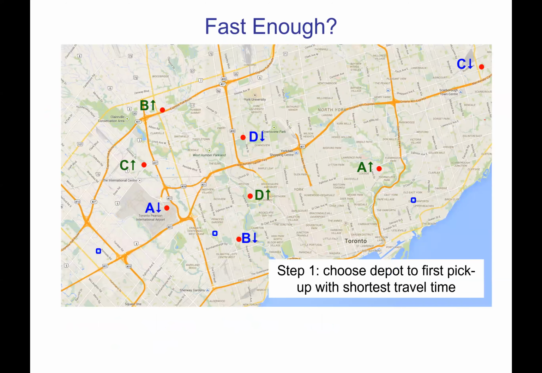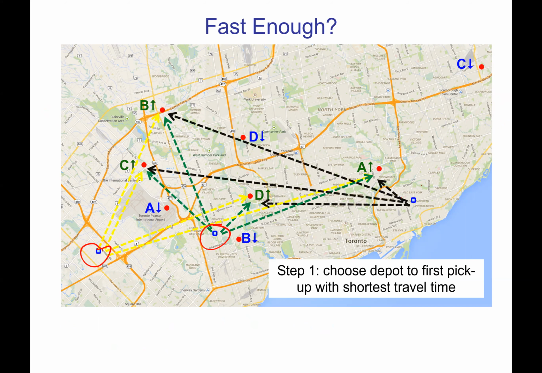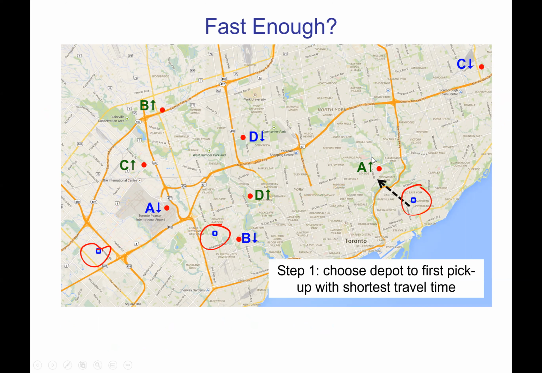Okay, so here's my little test case with 3 depots and 4 pickups. From this depot, I could go to any of my 4 pickups. From this depot, I could go to any of my 4 pickups. From this depot, I could go to any of my 4 pickups. Okay, so I have 12 different travel paths that could be my first step. And in general, I'm going to have d times n travel paths that would be our first step.